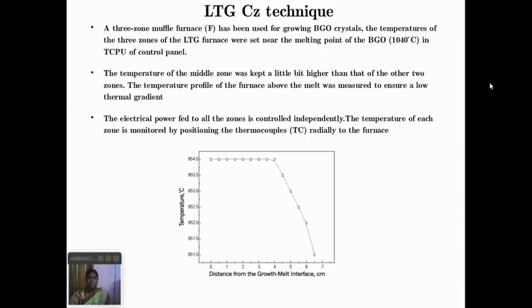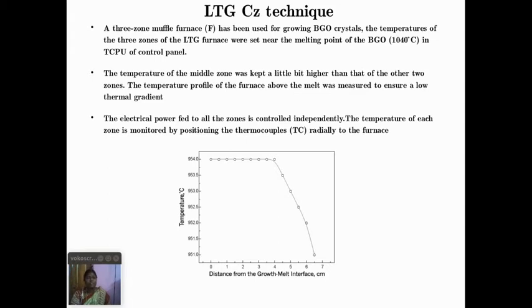Now let us discuss the working process of the low thermal gradient Czochralski technique. The system consists of a 3-zone muffle furnace F, which has been used for growing a bismuth germanate crystal, that is BGO crystal. The temperature of the 3 zones of the LTG furnace was set near the melting point of the BGO material, that is 1040 degrees centigrade, in the temperature control and processing unit of the control panel.